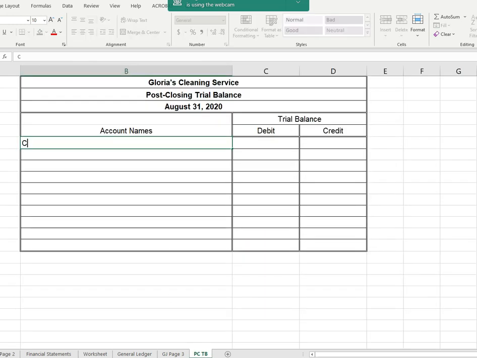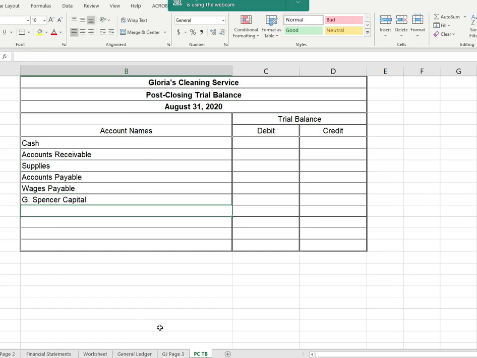So the first one is cash, then accounts receivable, next is supplies, next is accounts payable, next is wages payable, and then we have Gloria Spencer, so G Spencer Capital.